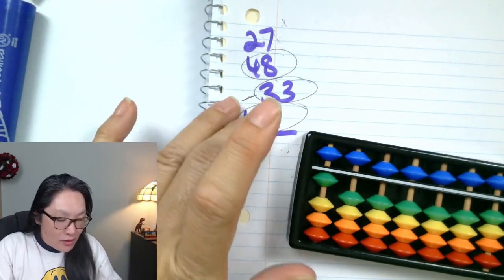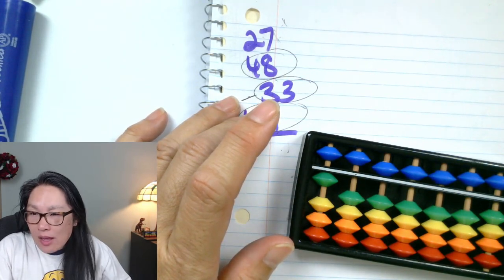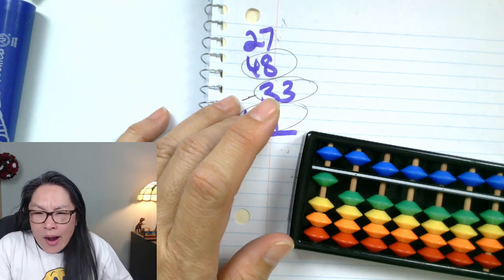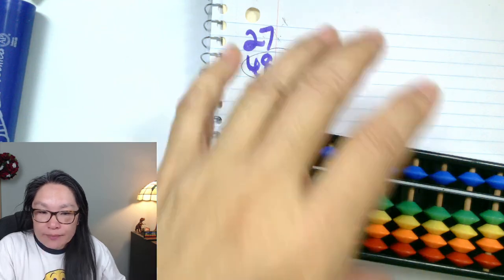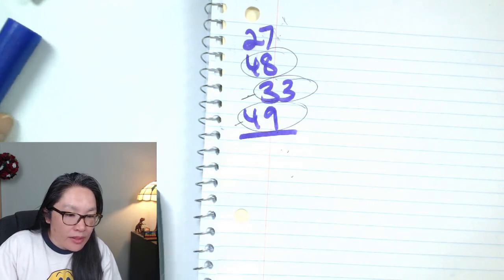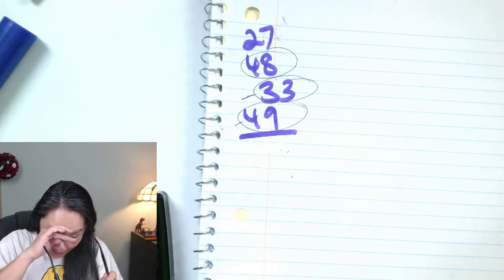Okay, so let me look for division. Okay, let's do that. I need a bigger abacus. I was trying to figure out the whole division thing.